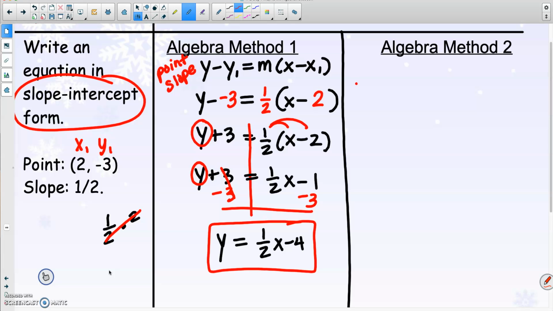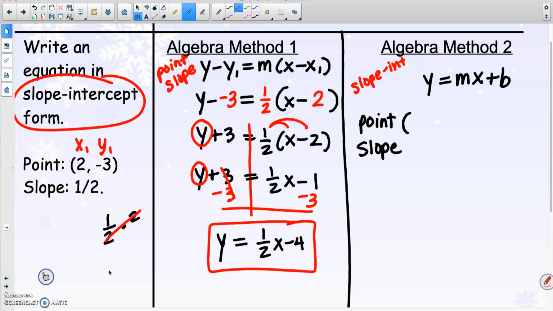Now, if you would like to use slope-intercept form right from the start, let me explain how that works. This is an equation in slope-intercept form. Now, we know that when we're given a point and a slope, the point can represent any x and y coordinate.